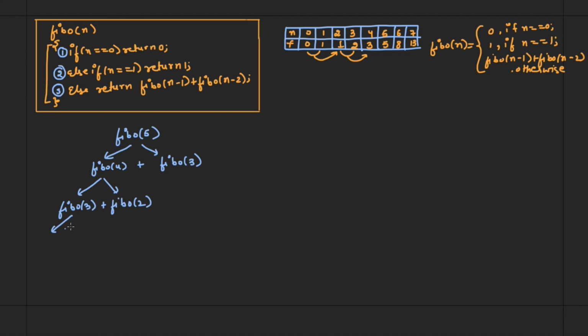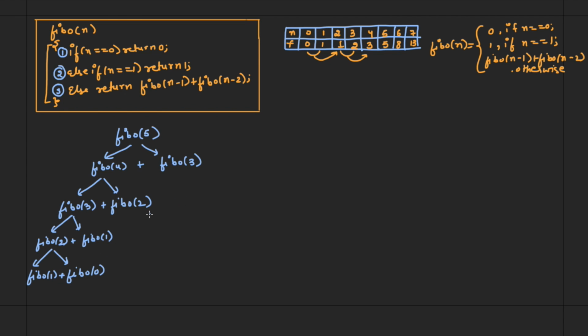To find Fibonacci of 3, we have to find Fibonacci of 2 plus Fibonacci of 1. To find Fibonacci of 2, this is Fibonacci of 1 and this is Fibonacci of 0, so Fibonacci of 2 is Fibonacci of 1 plus Fibonacci of 0.